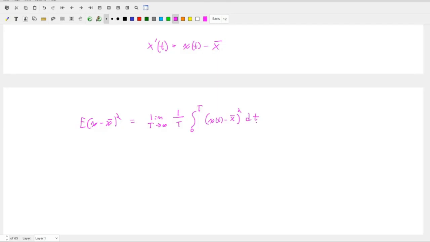So let's say the expected value of x is equal to 0, then x squared is equal to x bar squared, which is equal to the limit as t goes to infinity of 1 over t, integral from 0 to t of x squared of t dt.